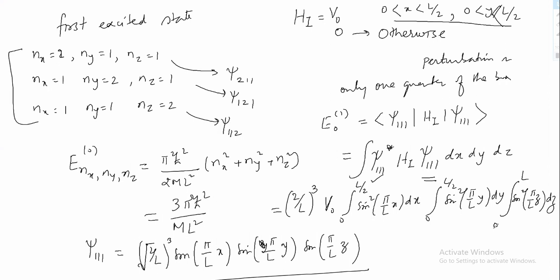Okay, see, we are applying perturbation only to a quarter of this cubical well. Remember the result when I considered in one of the examples that we are raising the complete well by a height V naught, then the first order correction was simply V naught. Here, if it is in a quarter of the well, what should be the answer? This should be V naught by 4. Now when you solve this, the answer that you get is simply V naught by 4.